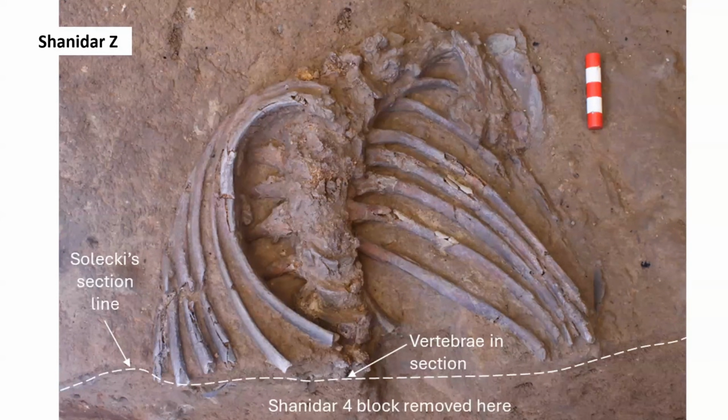With this individual, we're missing everything from the waist downwards. And this is because this is where Selecki had cut through the bottom half of this individual, unknowing, right? And I'll show you some pictures of his excavations, but this did influence how we decided to excavate Shanidar Zed.